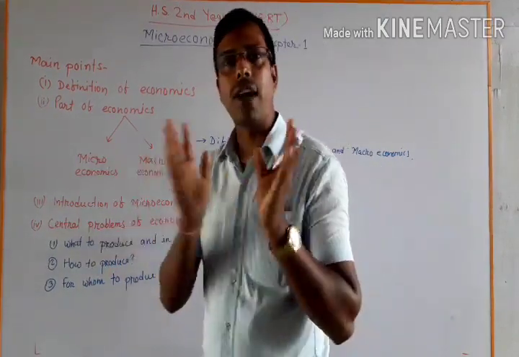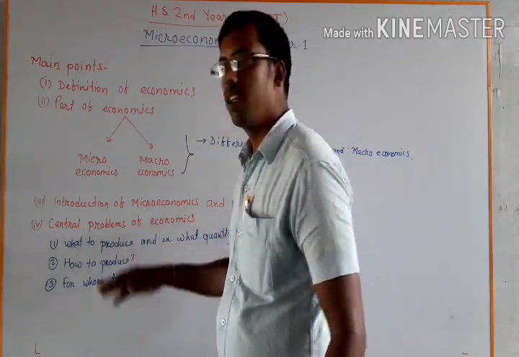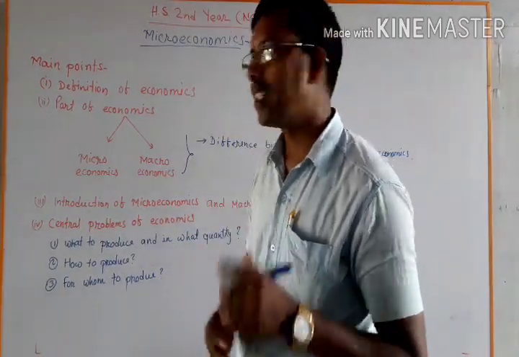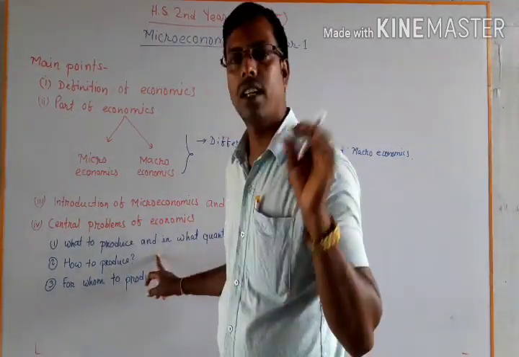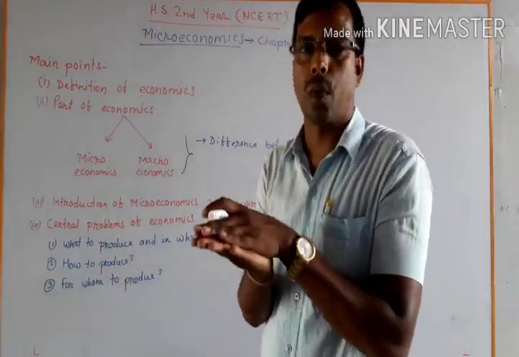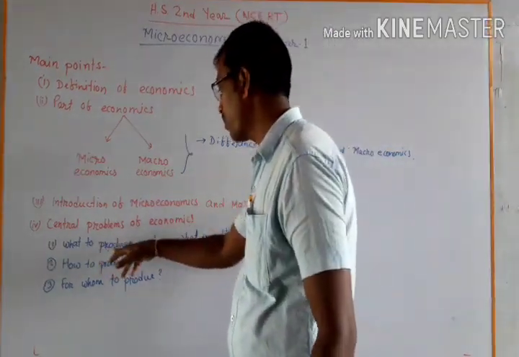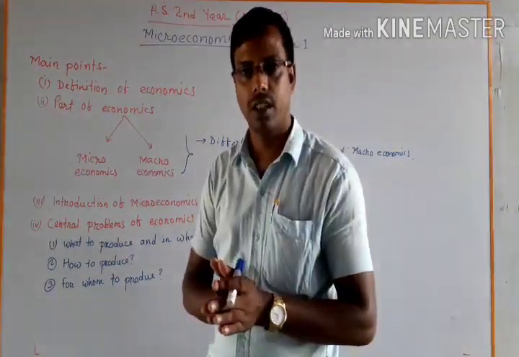So first of all, when a producer is going to produce some goods, he must select which goods are very important, that means very necessary to produce, and in what quantity.